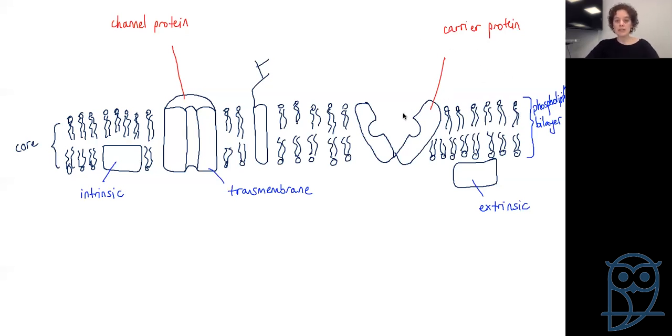So carrier proteins, these are the ones that change shape. They're being used in facilitated diffusion, and also in active transport.